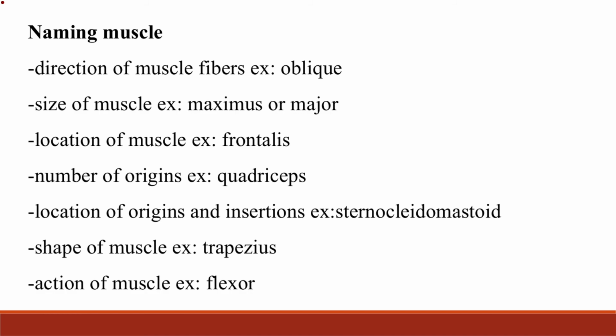Action of the muscle: so we've got flexor carpi radialis, flexor carpi ulnaris, extensor carpi ulnaris, extensor carpi radialis. Those give you an idea of what they do. They flex or extend, and then it also gives you a location, right? Against the ulna, against the radius. So we have these characteristics for the naming of muscles.